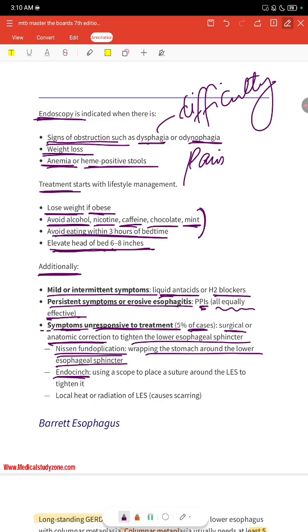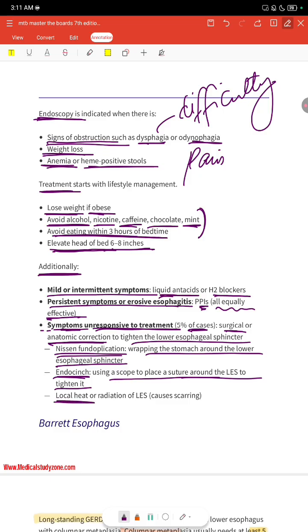There is another option of endokinch, using a scope to place a suture around the lower esophageal sphincter to tighten it. So it is also done with the help of endoscopy.